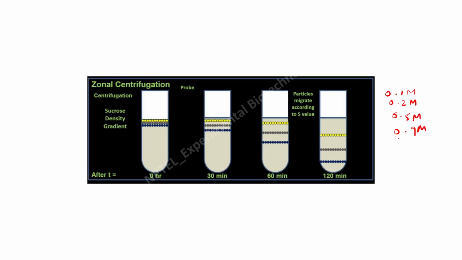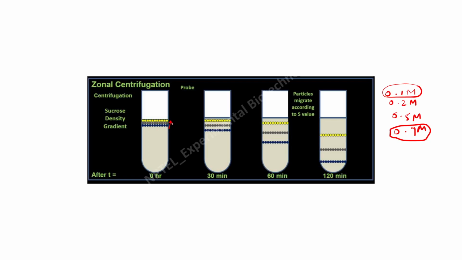So 0.9 molar sucrose will obviously have, sucrose is a sugar, right? So 0.9 molar sucrose will have more amount of sucrose in water. That means this will have a higher density as compared to the 0.1 molar sucrose. So we will make a continuous gradient.